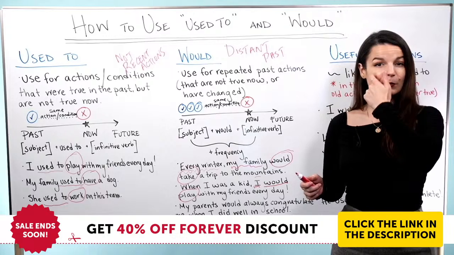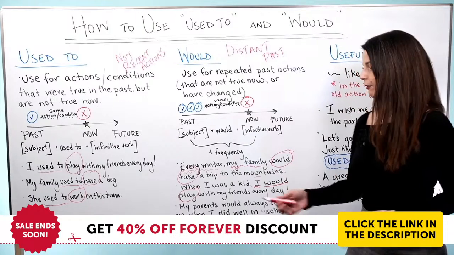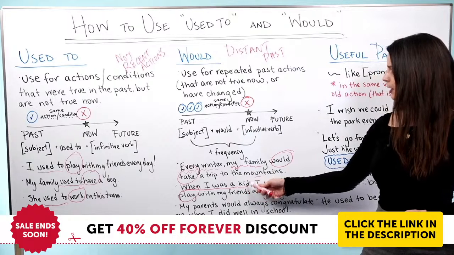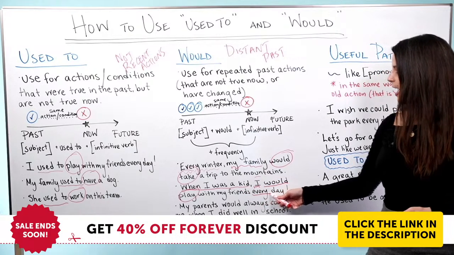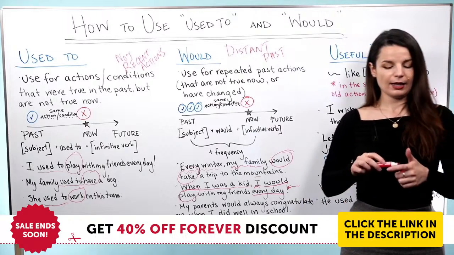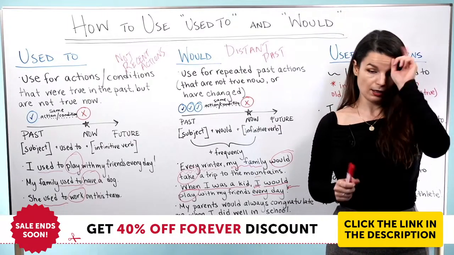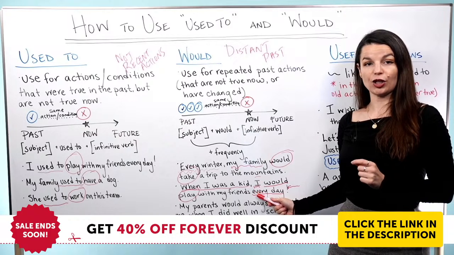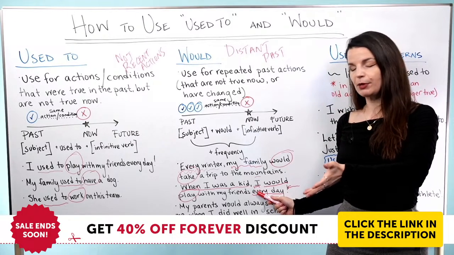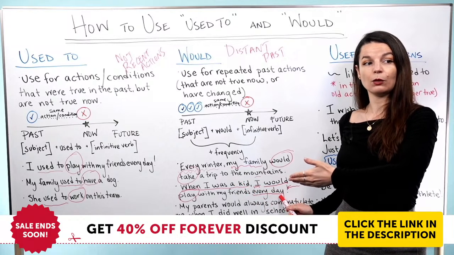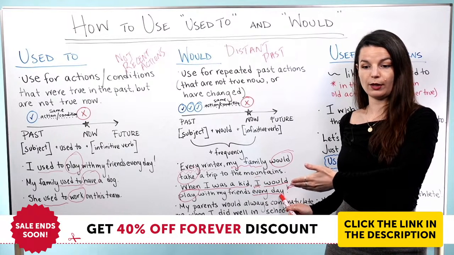In this sentence, we have a lot of information. First, we have the frequency. Right here, this every day gives us the frequency of this action, yeah? And the time period is here, when I was a kid.